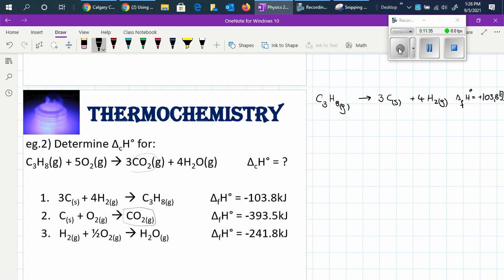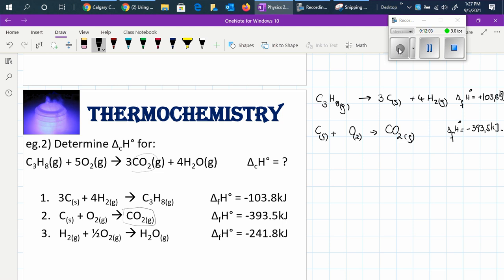Okay, now the other one: carbon dioxide is in the product, carbon dioxide is in the product in the focus reaction, and we will keep it as it is. So carbon plus oxygen will form carbon dioxide, and the enthalpy of formation will keep its sign.